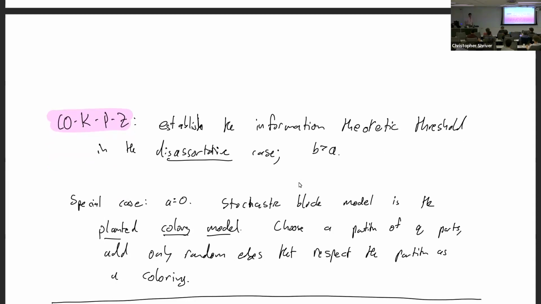What happens if you take A to be 0? You're picking this partition of your vertices into Q parts, and then you're only adding edges that cross the partition. You're planting a coloring. This original partition is guaranteed to be a proper coloring in your graph, and then you can study this random graph model where you know that you have at least one proper coloring.